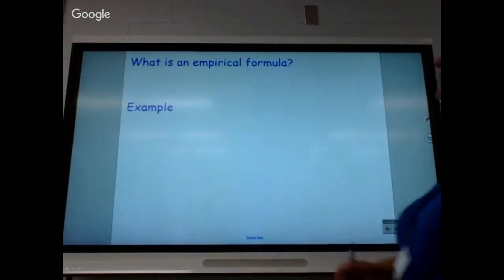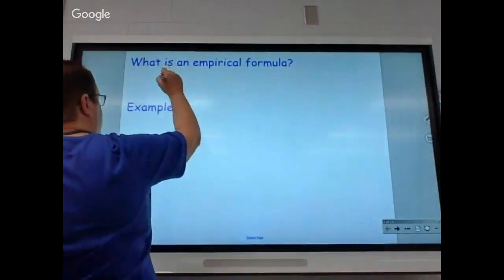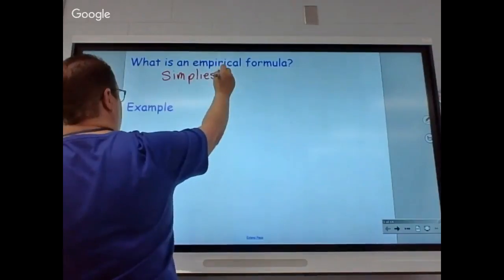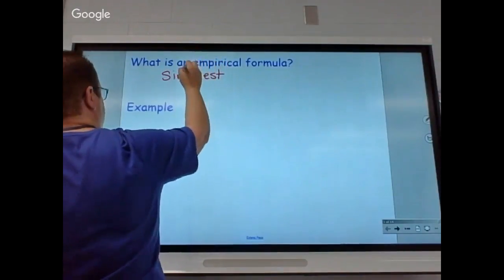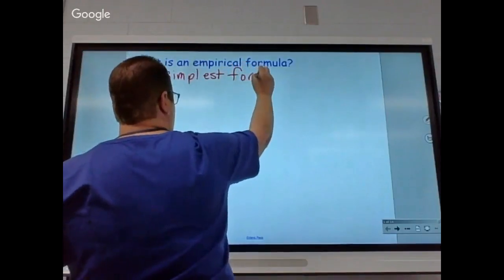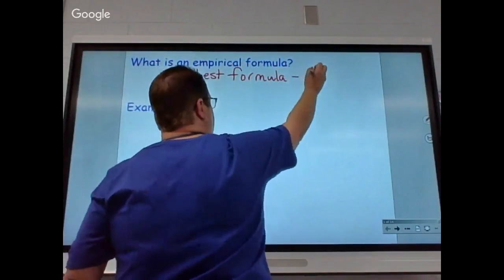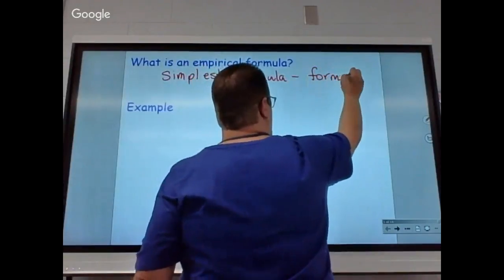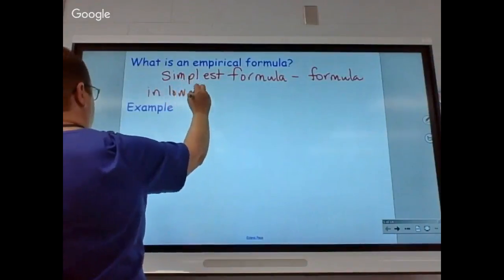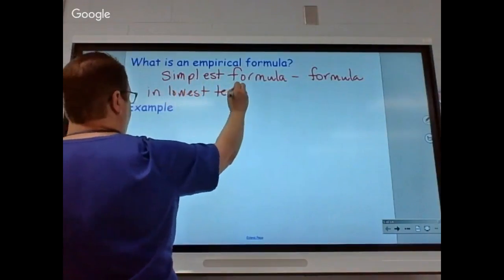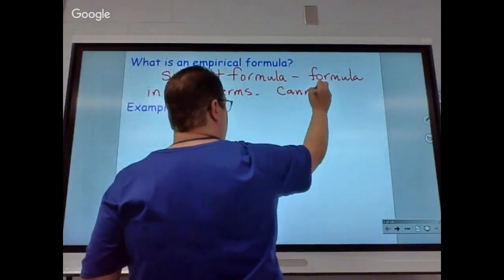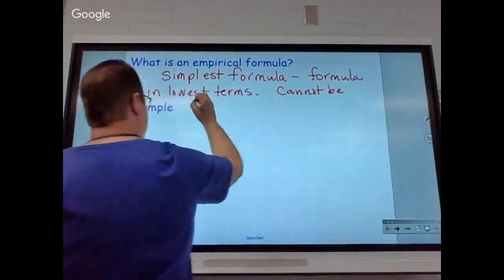First of all, what is an empirical formula? Well, it's often referred to as the simplest formula, because it is a formula in lowest terms, meaning it cannot be reduced.